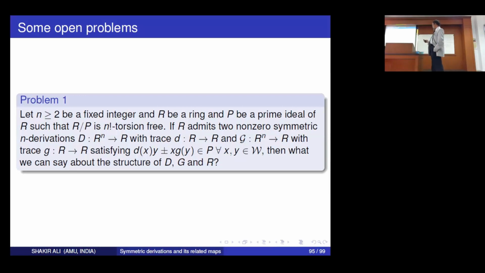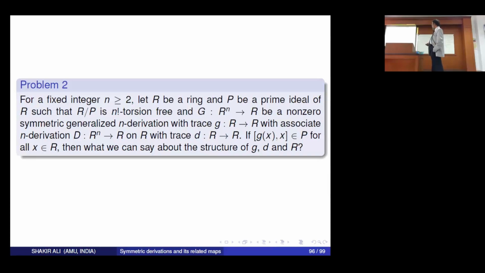Just like that, another problem in this same direction: what happens for a fixed integer and R a ring. You notice before, we were always talking about prime or semiprime rings. Now, once the idea of prime ideals came into existence, this is the result for an arbitrary ring. That means more generality.